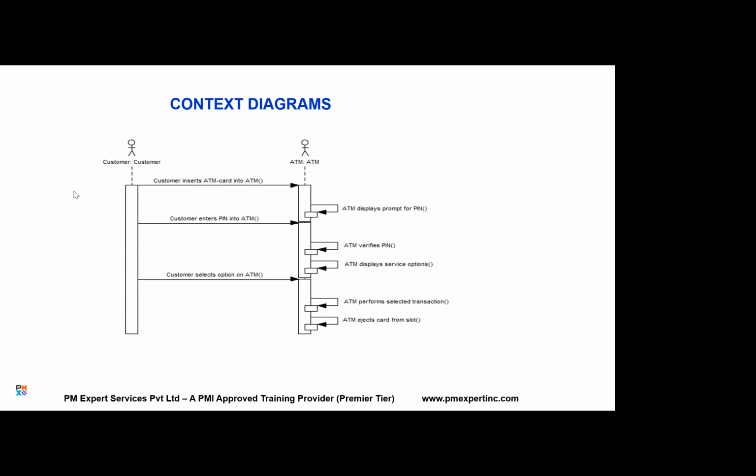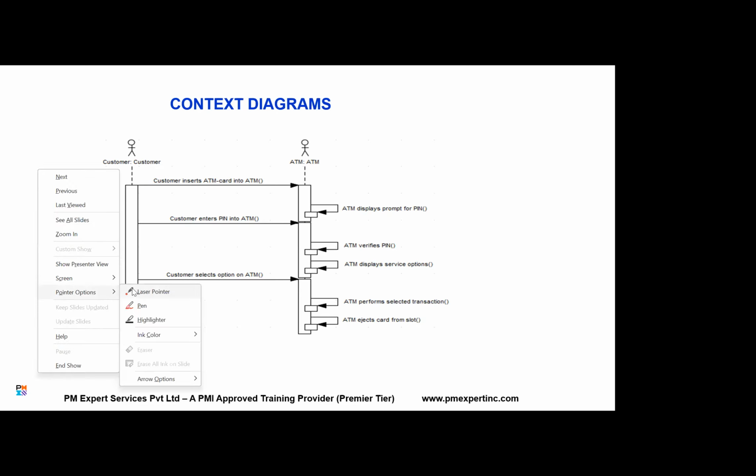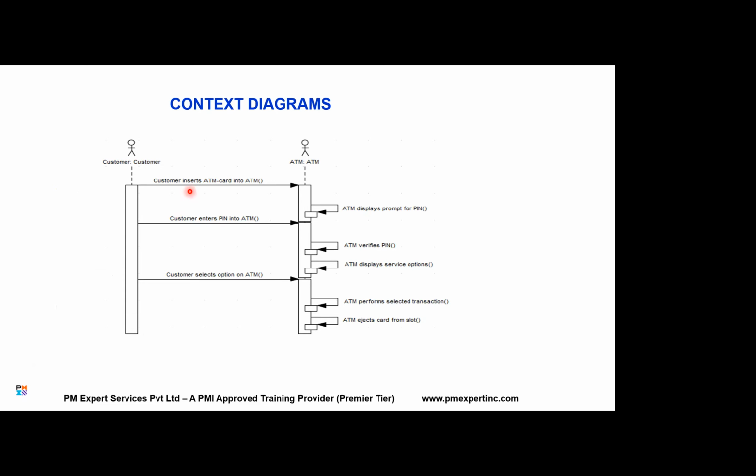This is the first step you take when you withdraw money from an ATM. You insert the ATM card into the ATM. The ATM displays a prompt for the PIN. Then you enter the PIN into the ATM. Now the ATM verifies the PIN.